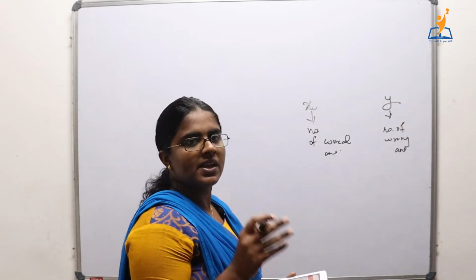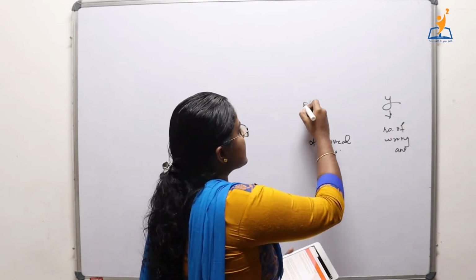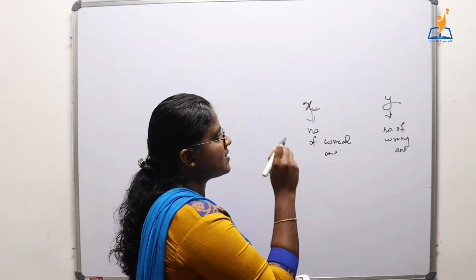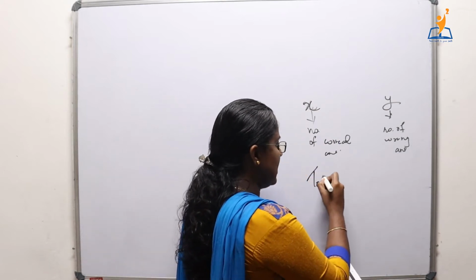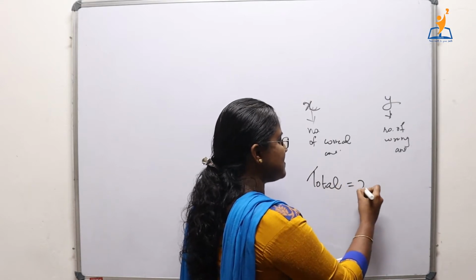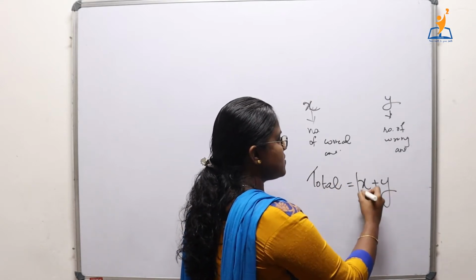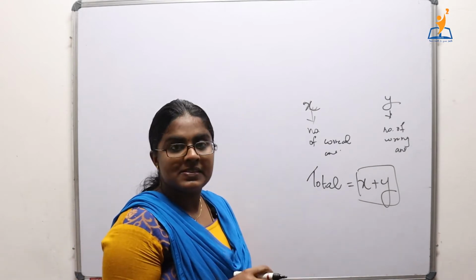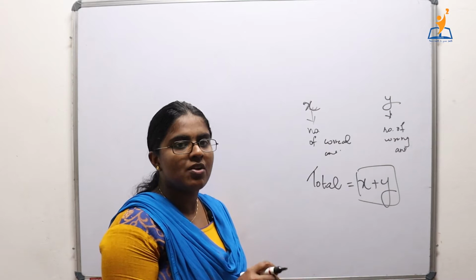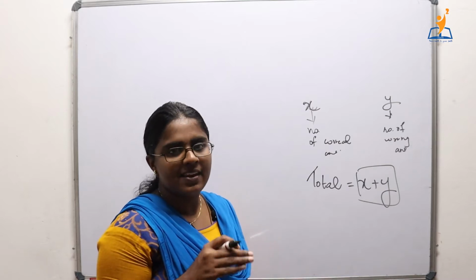So, whatever be right or wrong, if X is the total number of correct answers and Y is the total number of wrong answers, then total number of questions is X plus Y. This is what we are asked to find out. So, since X plus Y is what we have to find out, we want to find X and Y.